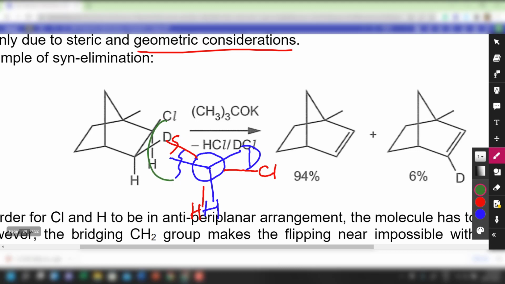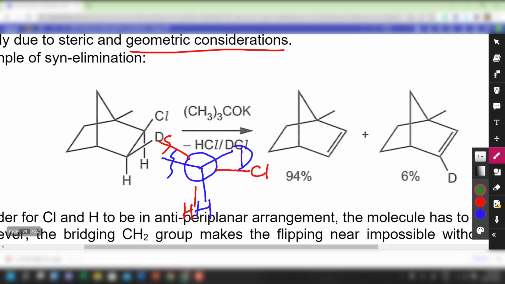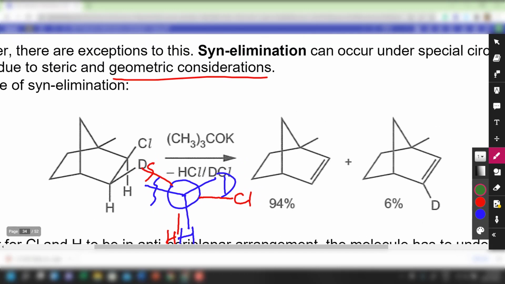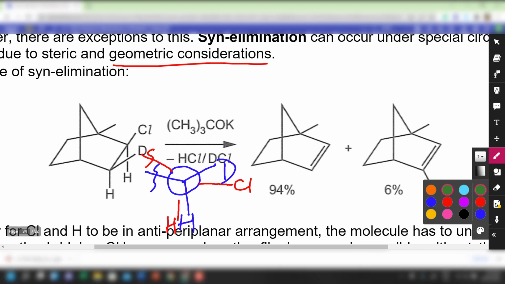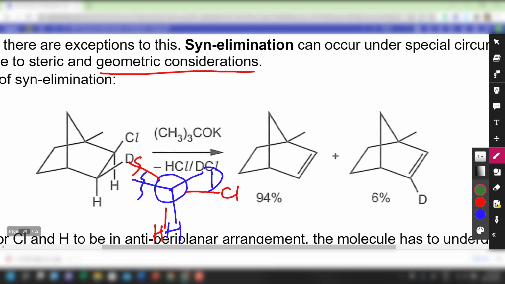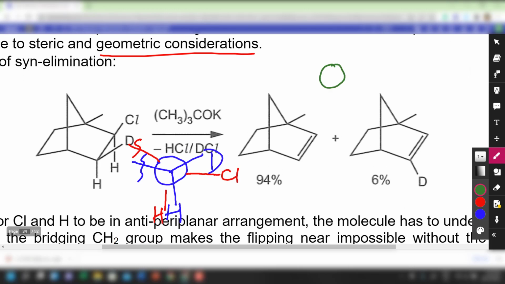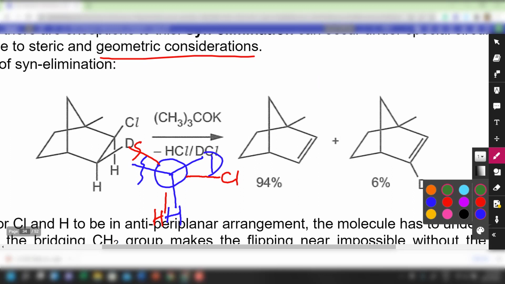Then if I want to perform elimination, what needs to take place is some form of bond rotation to ensure that I get an anti-periplanar geometry between the C-Cl bond and, in this case, the C-deuterium bond. So in this case I would expect something like this. I'm going to draw it out using the correct colored ink. I'm going to maintain this. This is deuterium. This is the H.